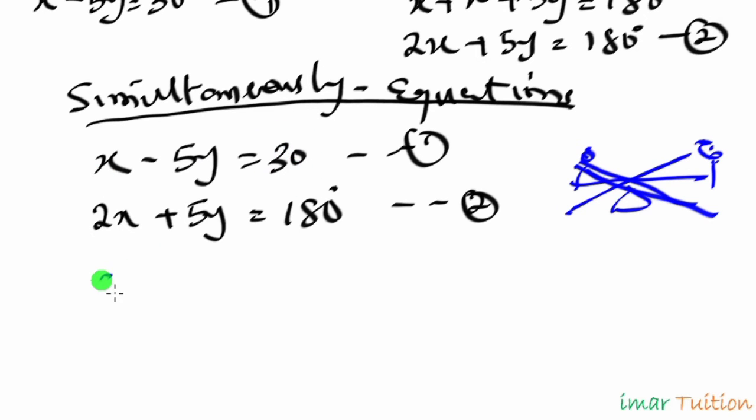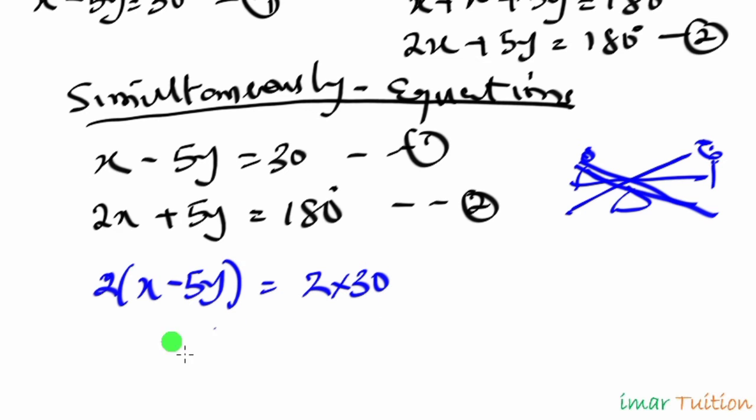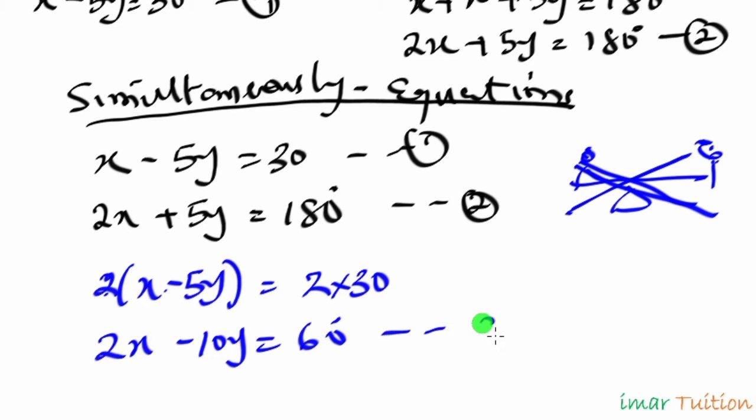So we're going to have 2 bracket x minus 5y, talking about equation 1 now, bracket close, equal to 2 times 30. That gives us 2 times x is 2x, 2 times minus 5y is minus 10y, equal to 60. We'll call this one equation 3, because the equation has changed.